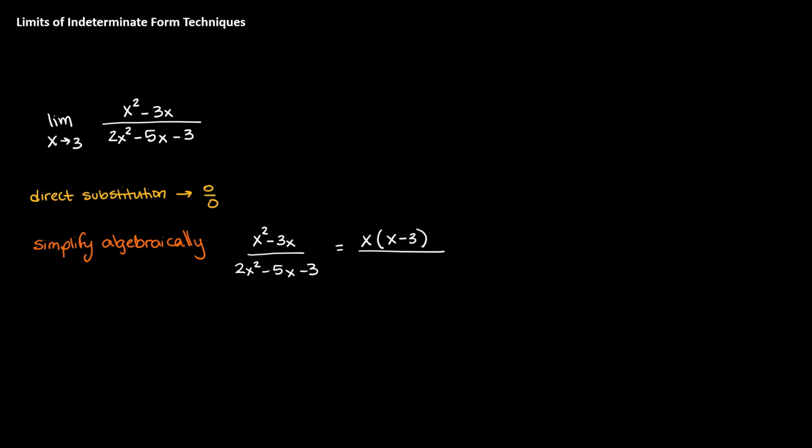I can factor out a common factor of x in my numerator, but in my denominator I have a trinomial. To factor that trinomial, I'm going to use the AC method. So I'll multiply the coefficient on x squared times the constant term, and find all of the factors of this product, a times the constant term.